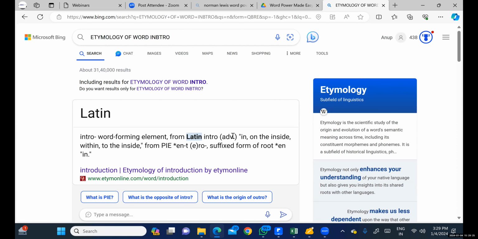Introvert, forming element from Latin, intro, on the inside, within, to the inside.